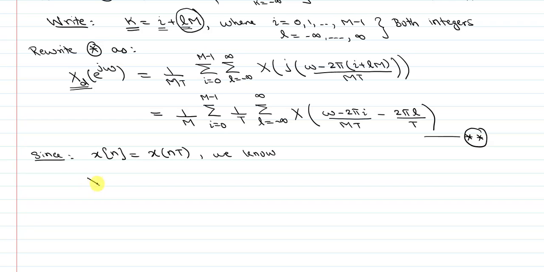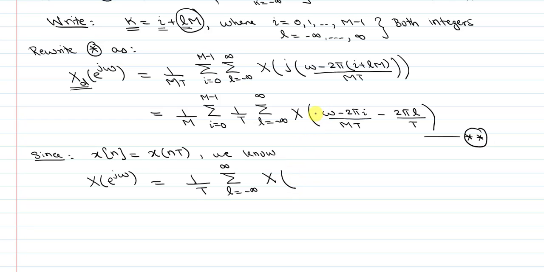What is that relationship? Similar as above, it is 1 over T, because the sampling time for that case is T. I'm going to use l instead of k because it's just a dummy variable.